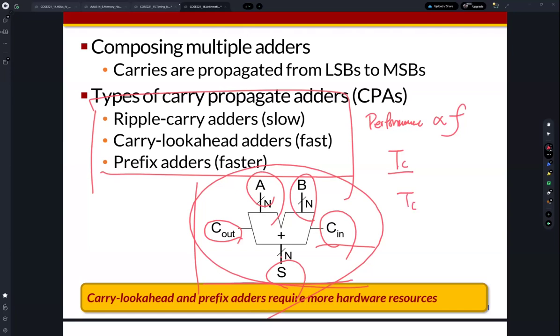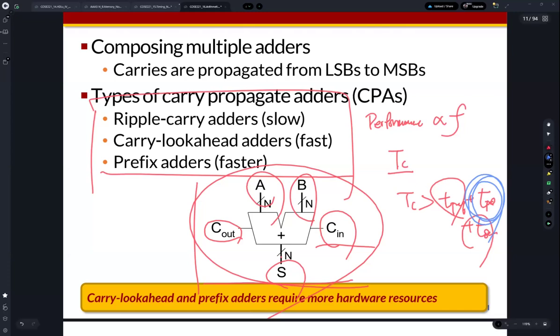TC needs to be larger than TPCQ plus TPD plus T setup. T setup and TPCQ are fixed values of the flip-flop; we cannot change them. We can change the delay of the combinational logic, so the delay of combinational logic determines the performance of our system.